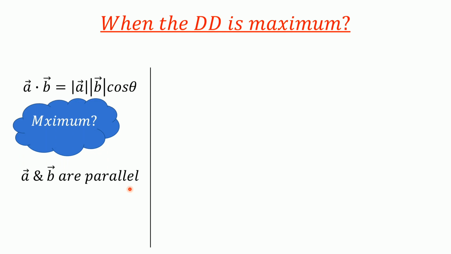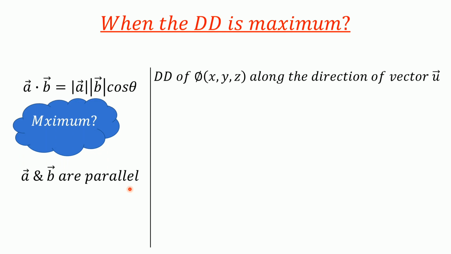In this case, our directional derivative is del phi dot u cap. So it will be maximum when del phi and u cap have the same direction. That means if we find the directional derivative along the direction of vector del phi, it will be maximum.